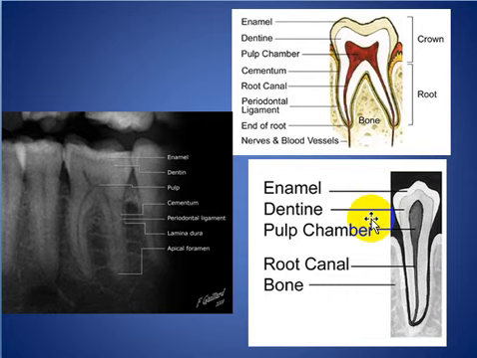As we said, the tooth has two parts, the crown and the root.